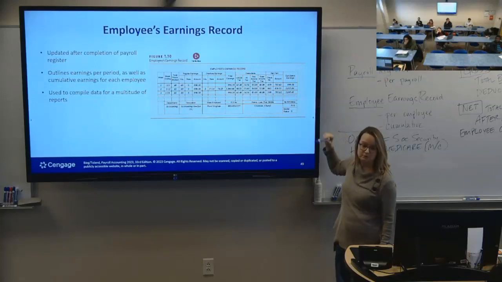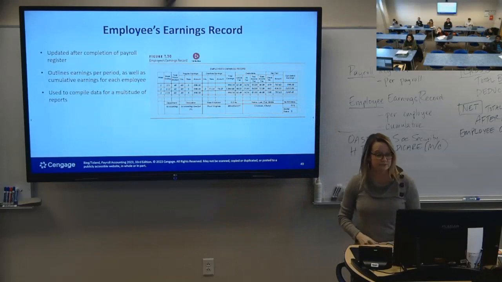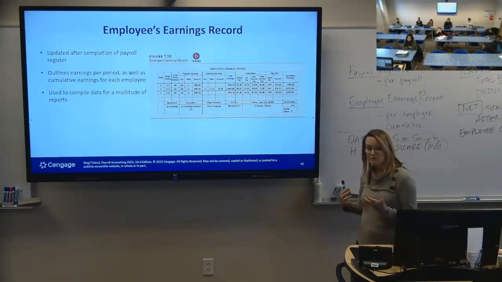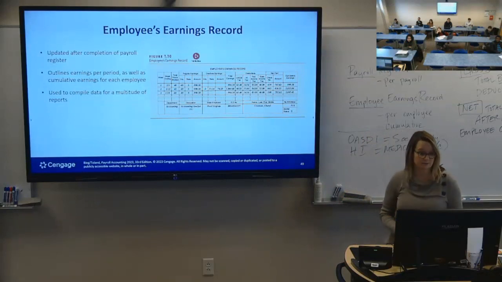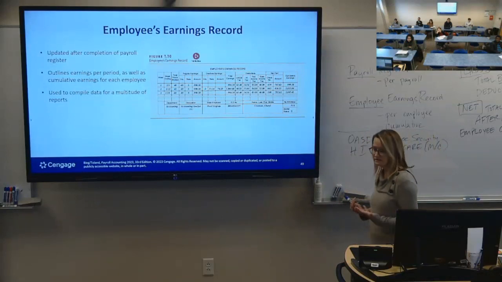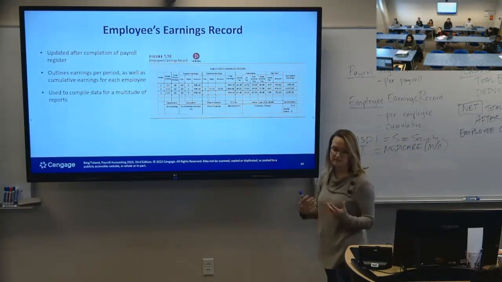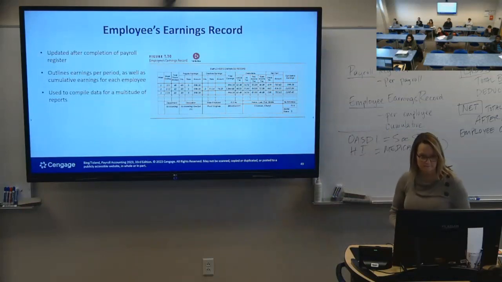And then the marital status. Marital status is important. That is going to help determine how much federal income tax is withheld, probably as well as how much state income tax is withheld, depending upon the state and how they do things. In Iowa, that marital status would be necessary.